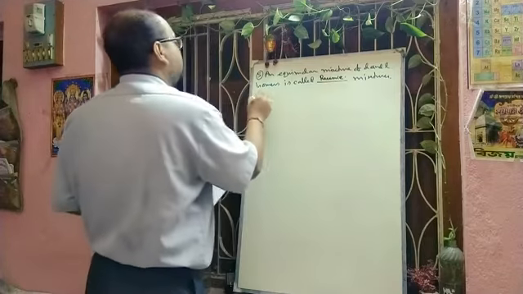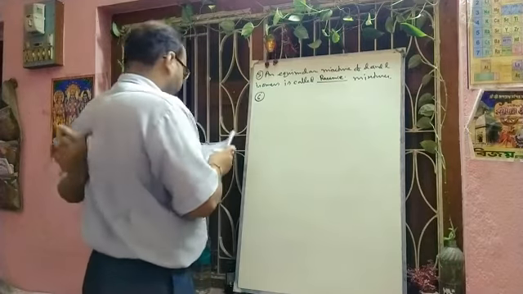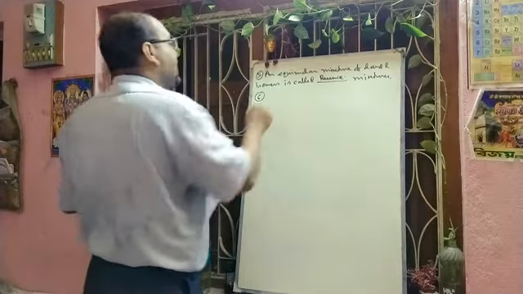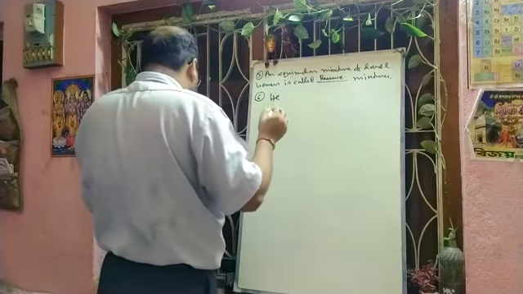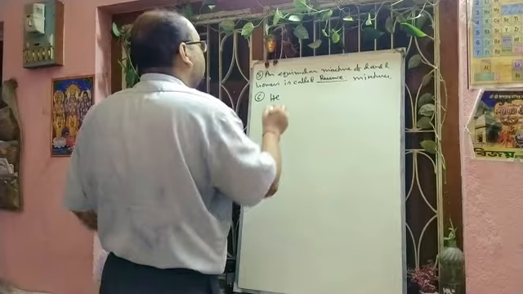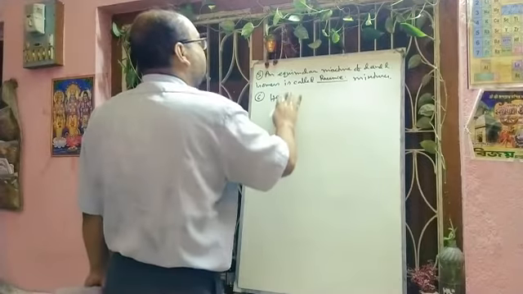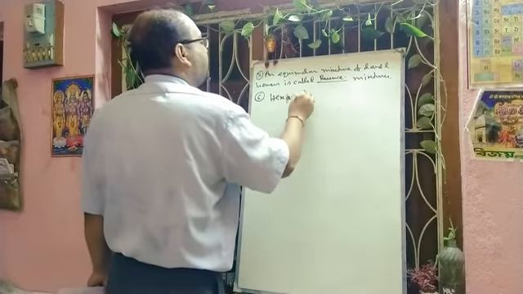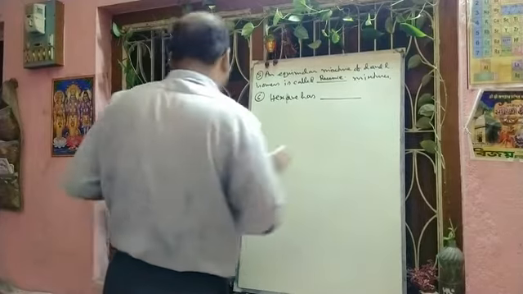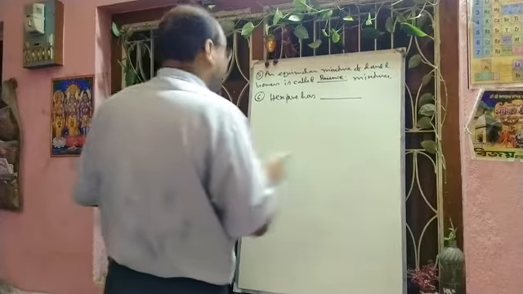Racemic mixture. Next question: hexane has dash chain isomers.